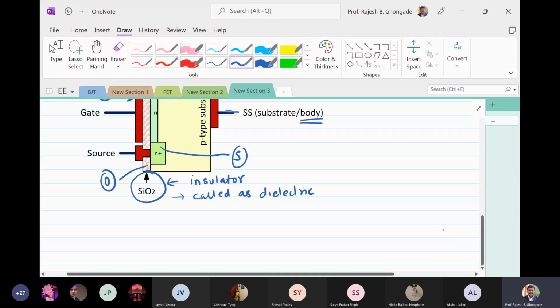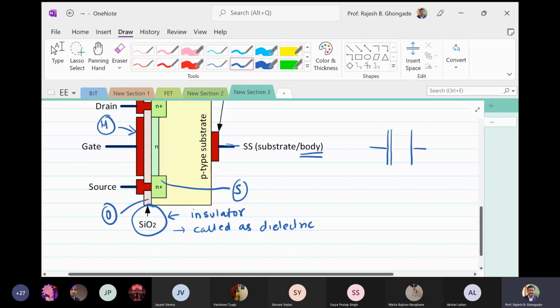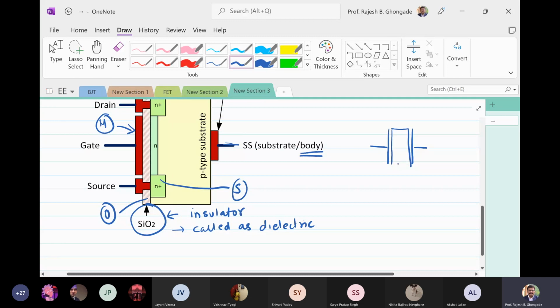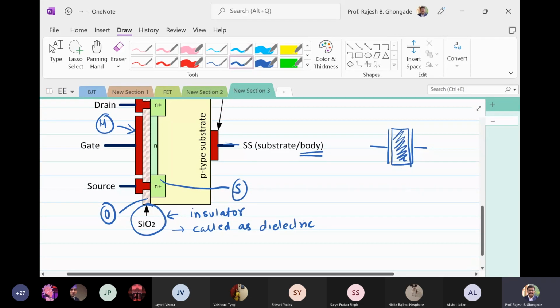Now, once we have such a structure, if you remember the basic device, you have two conductors separated by an insulating material. What does this give you? Two conductors separated by an insulating material. What is this device? It's a capacitor.